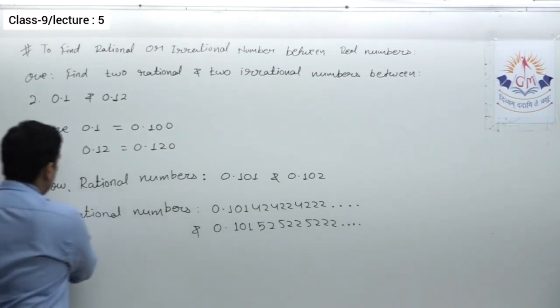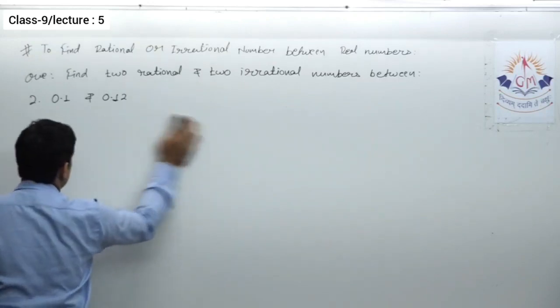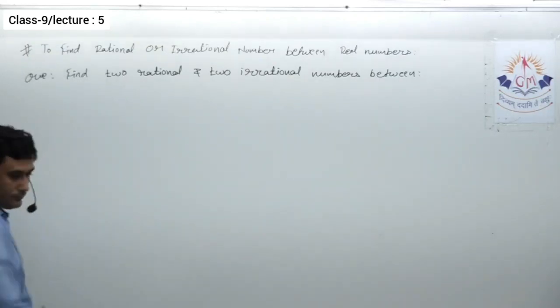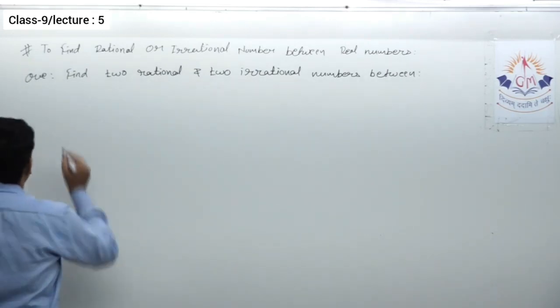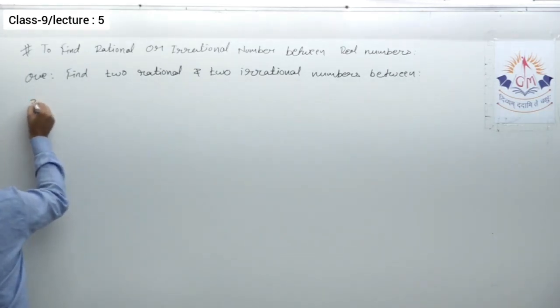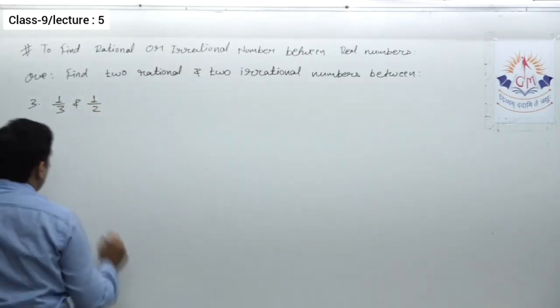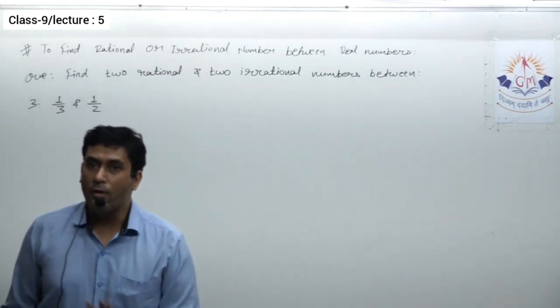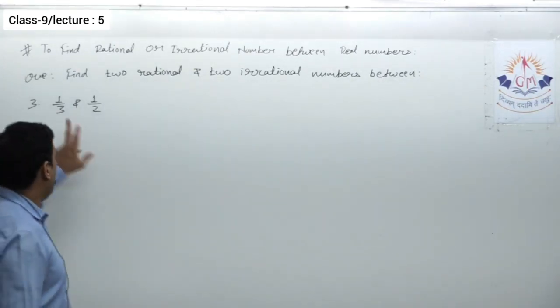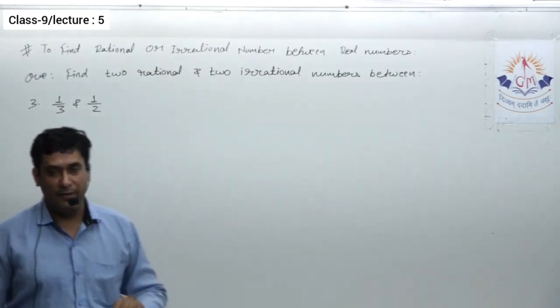Okay, now next we will see the third one. Third one is 1 by 3 and 1 by 2. Okay, so now in this case, if you want to find only rational numbers, definitely I would say that make the denominators same and then find the rational numbers.